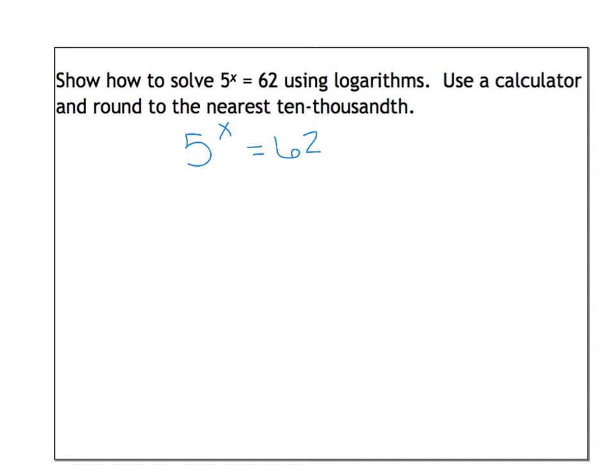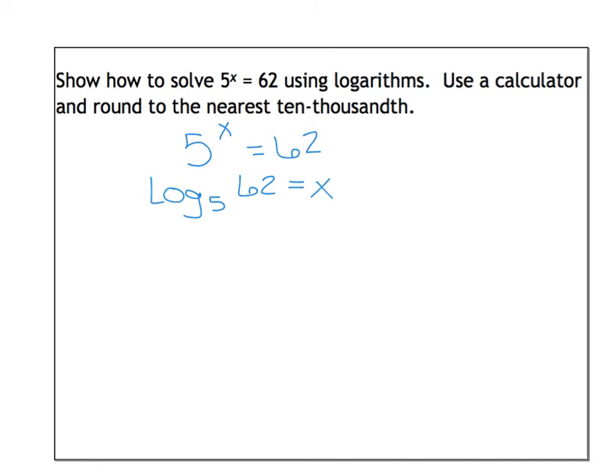So we are now going to rewrite this as a logarithm. Remember, in the past couple lessons, we were writing from logarithmic form to exponential form? Well, now we're going to go in the opposite direction. So we're now going to write this as a log. So we have log base 5 of 62 equals x.